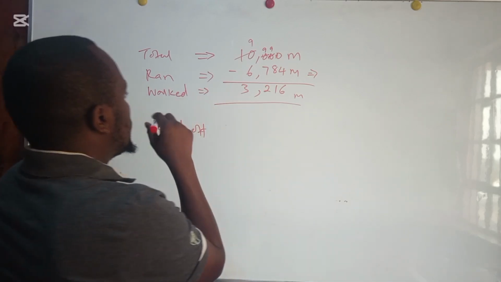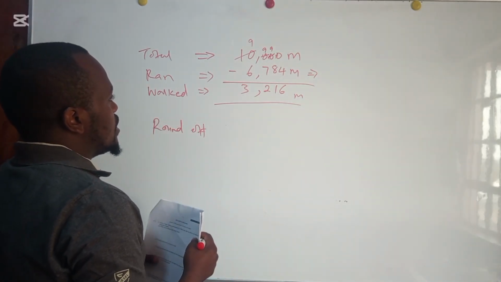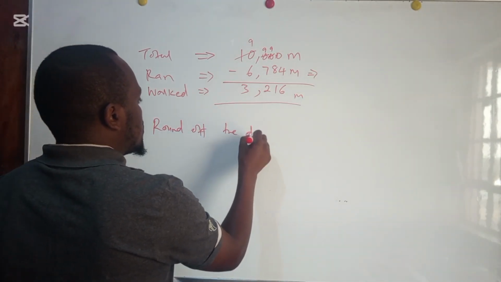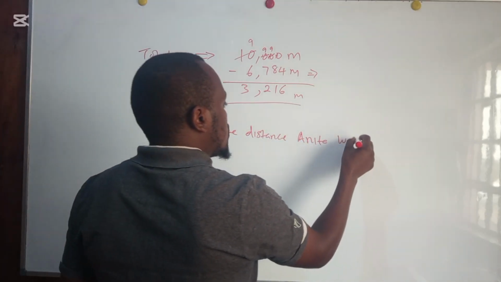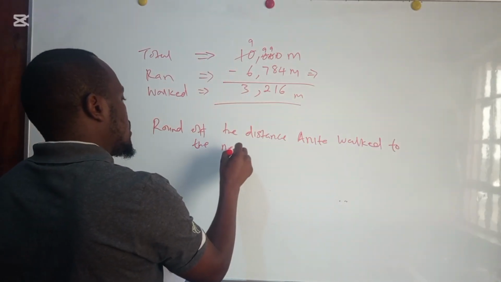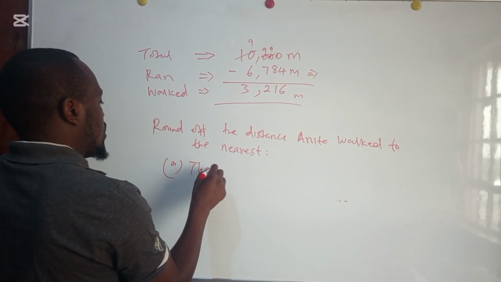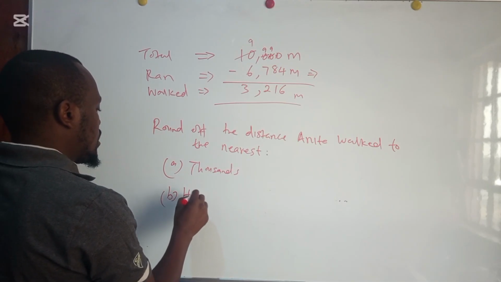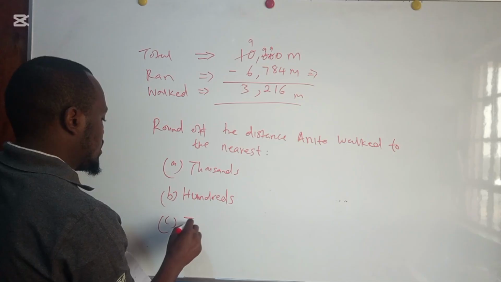Round off the distance Anita walked to the nearest, in brackets A, thousands, part B, hundreds, and part C, tens.